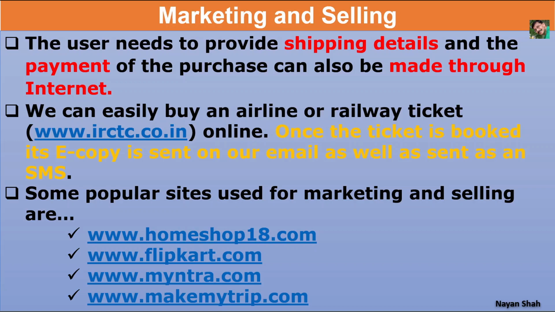We can easily buy airline or railway tickets online, and we can buy them from the government website, that is www.irctc.co.in, Indian Railway Catering and Tourism Corporation, where you can not only book railway tickets but also flight tickets.